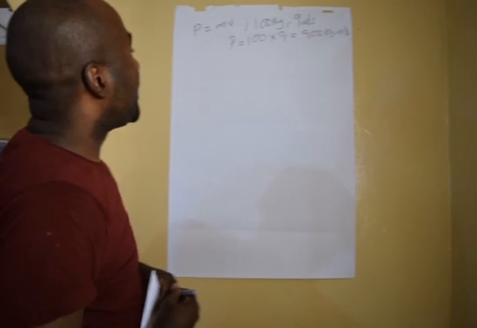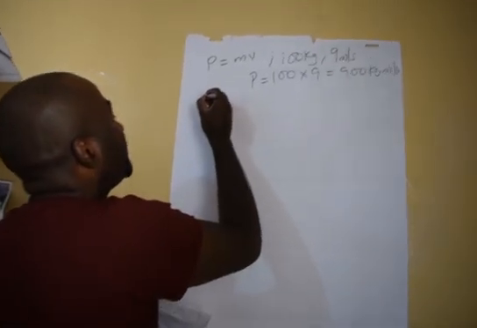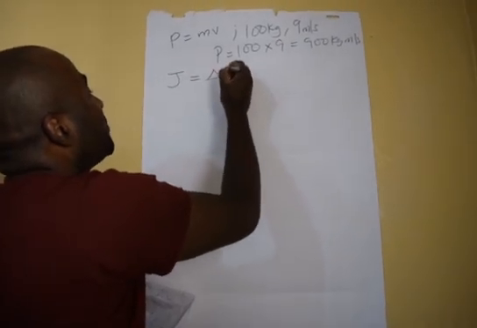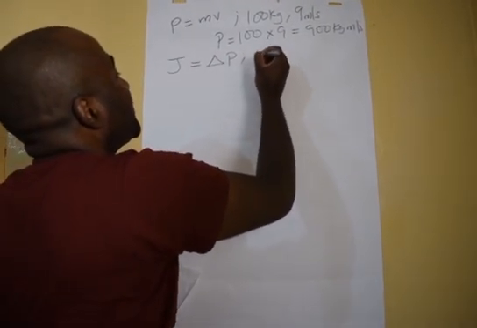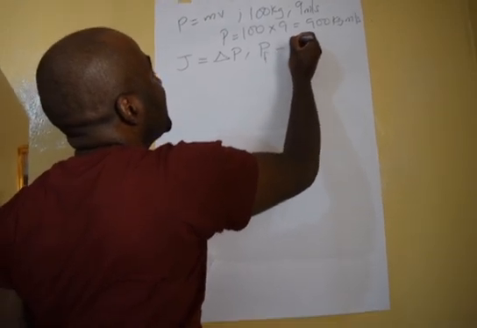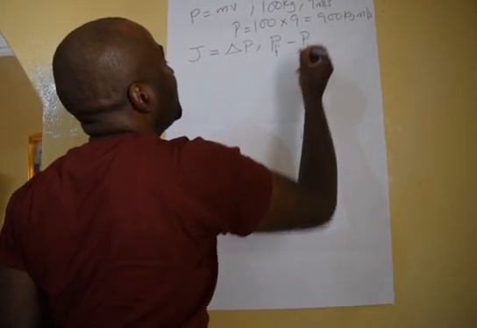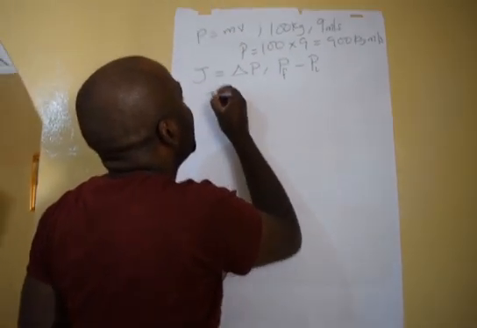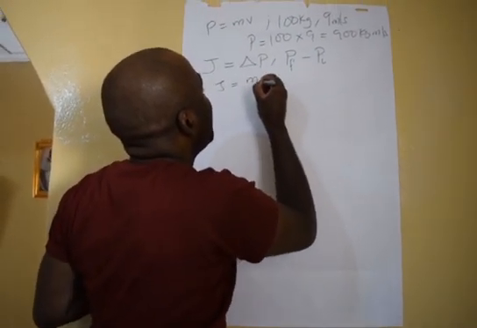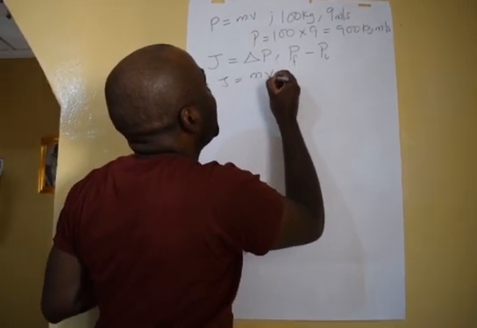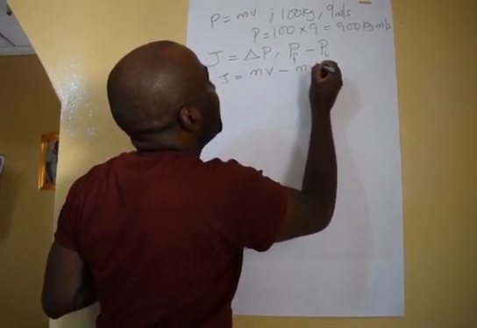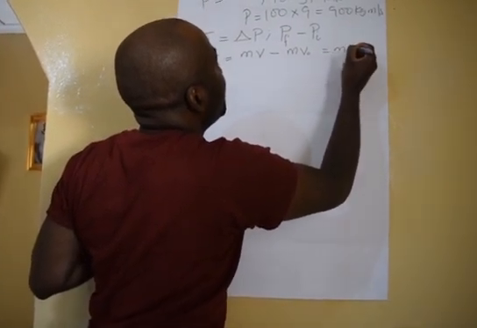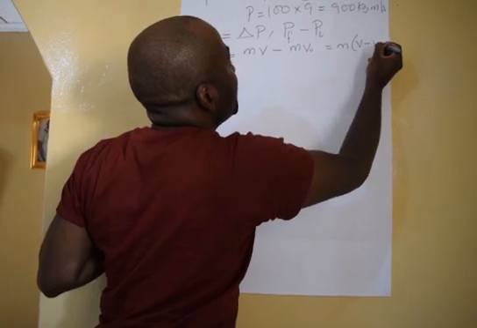Then impulse of a body, J, is equal to change in momentum, delta P, which is the same as the final momentum minus the initial momentum. That's change. So J is equal to mv minus mv naught, which is the same as J equals m(v minus v naught).